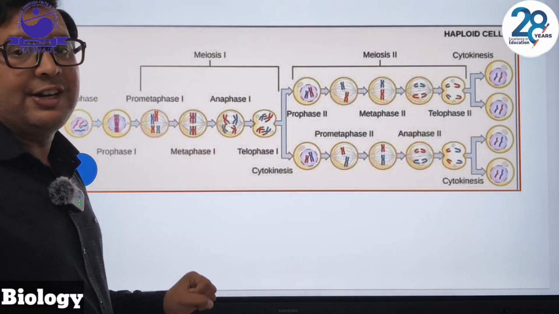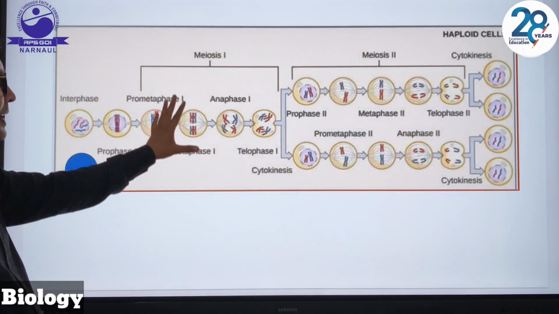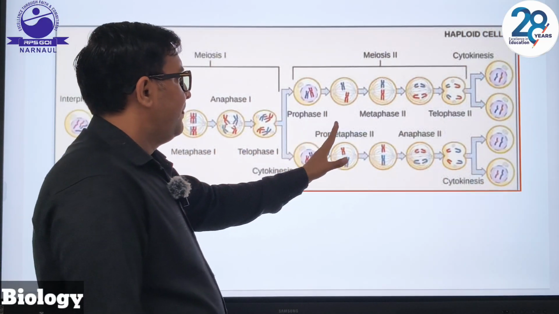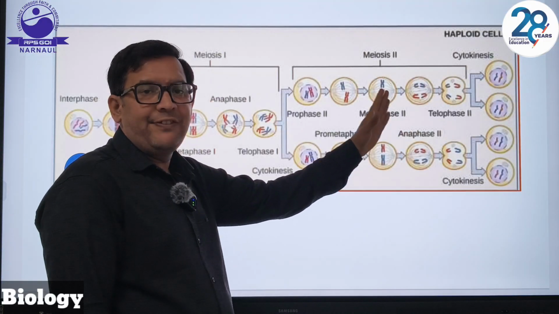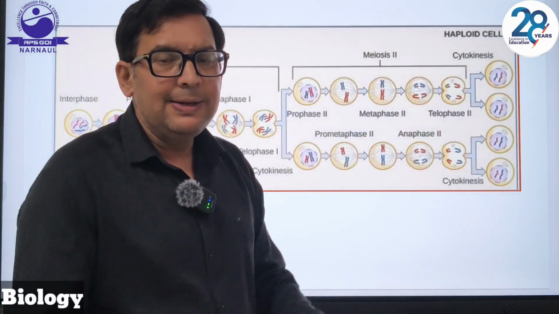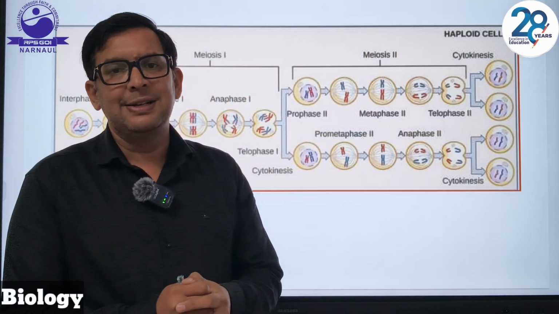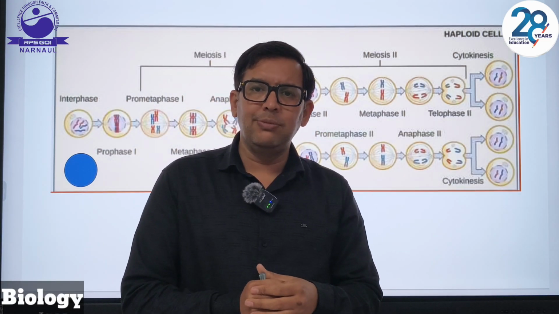We have 10 different stages including prophase 1, metaphase 1, anaphase 1, telophase 1, prophase 2, metaphase 2, anaphase 2, telophase 2, and after that cytokinesis, and it will give us the 4 daughter cells which have half ploidy or reduced chromosome numbers.